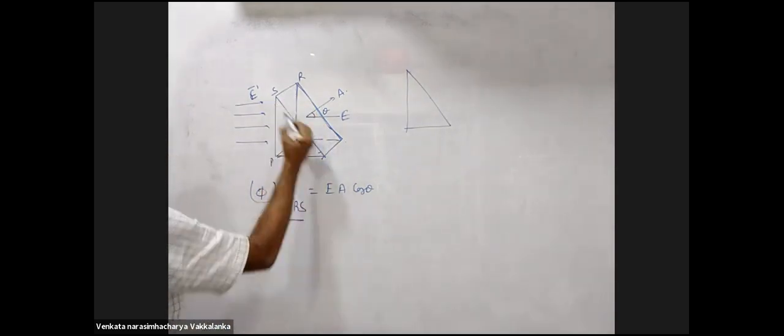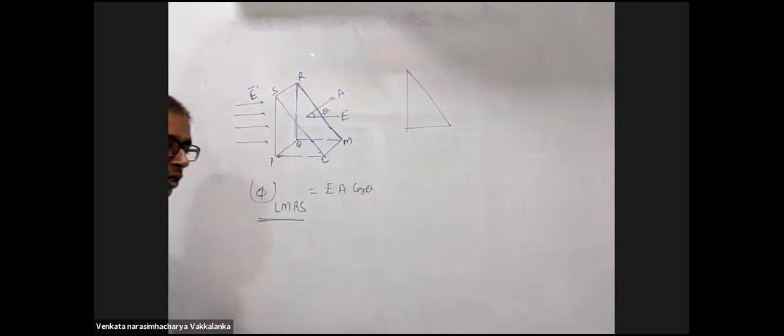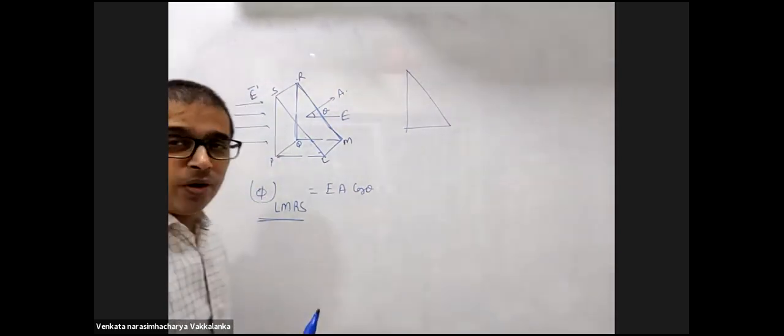Now, I am interested in the flux through L, M, R, S. So, E into A into cos theta. Now, this is a dot product.